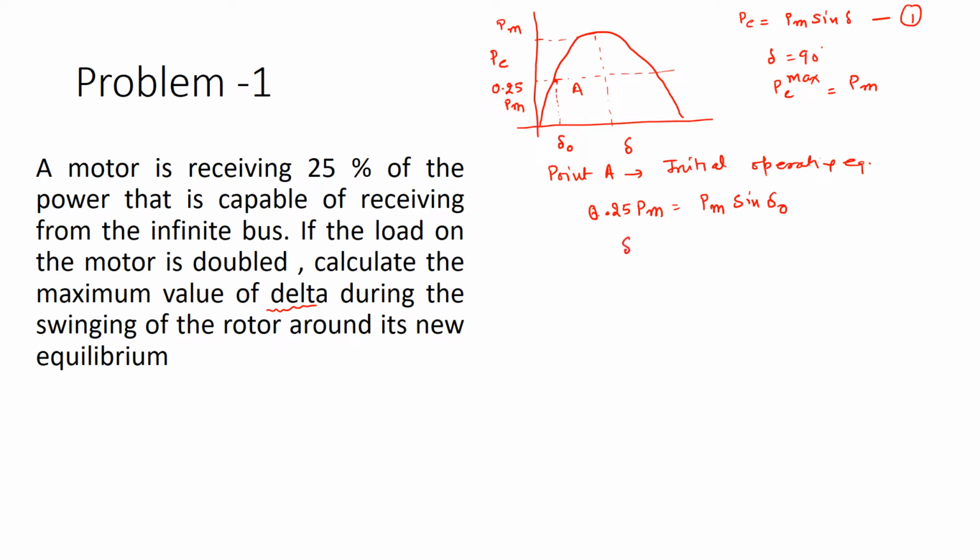From here I can easily calculate delta naught, which will be equal to sin inverse 0.25, and this value will be 14.48 degrees. Although it is always advisable to calculate the values in radians, here we are calculating in degrees.